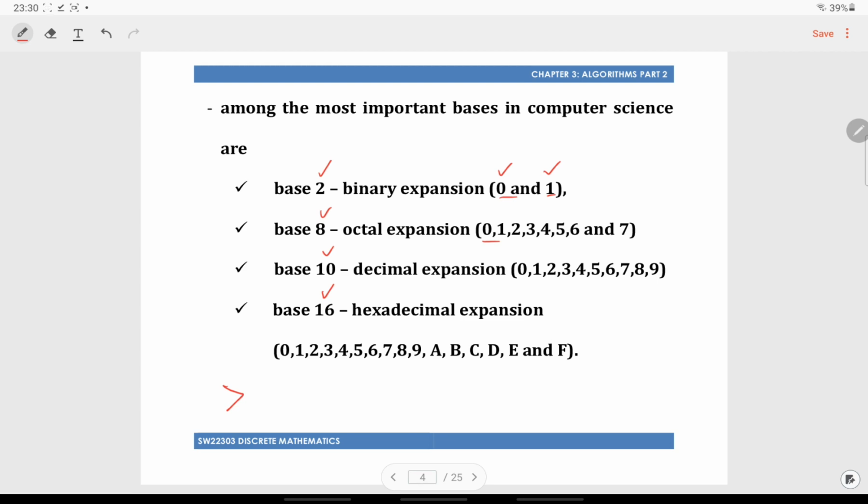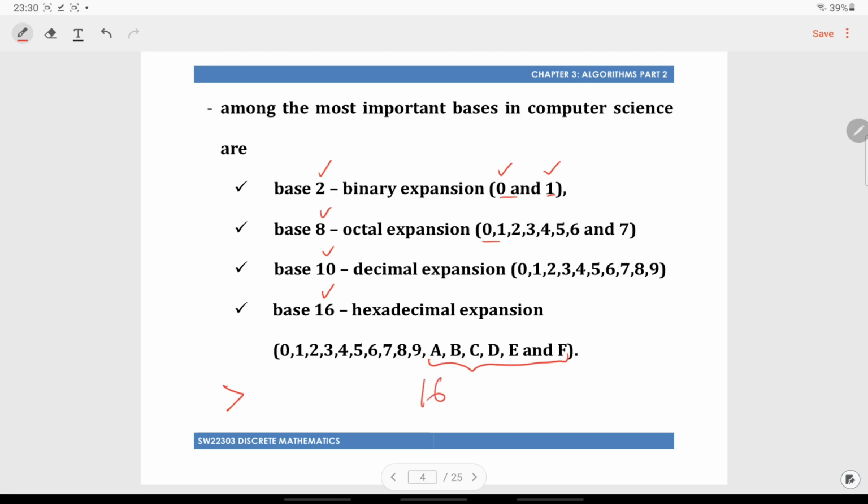For base 16, it is a mixture of numbers and characters. We have 0 up to 9, and for the remaining 6 elements we have letters: A, B, C, D, E and F to complete 16 elements.